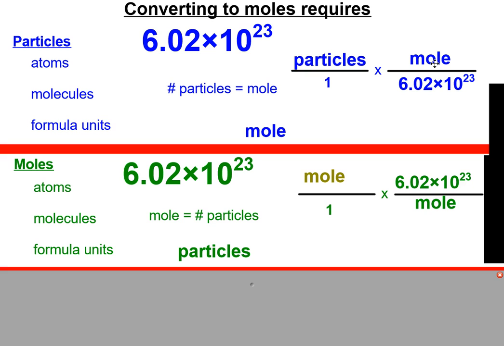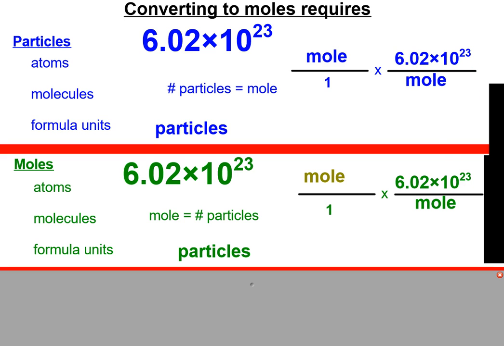Okay, a lot of students like to say, and I think it's probably a good way to think of it, that you're just flipping the fractions, right? Flipping back and forth, depending on what you're starting with. You see, up here, I can take particles down and start with moles. If I do that, what do I have to do with the second fraction? Flip it.